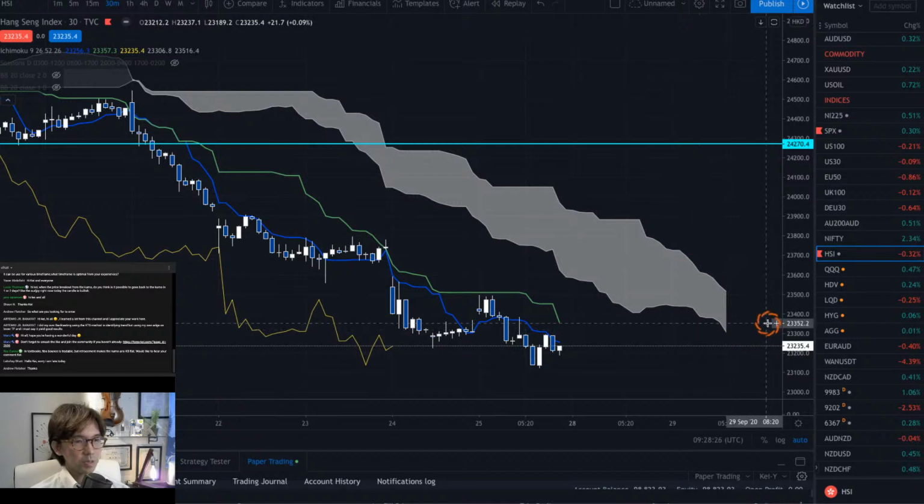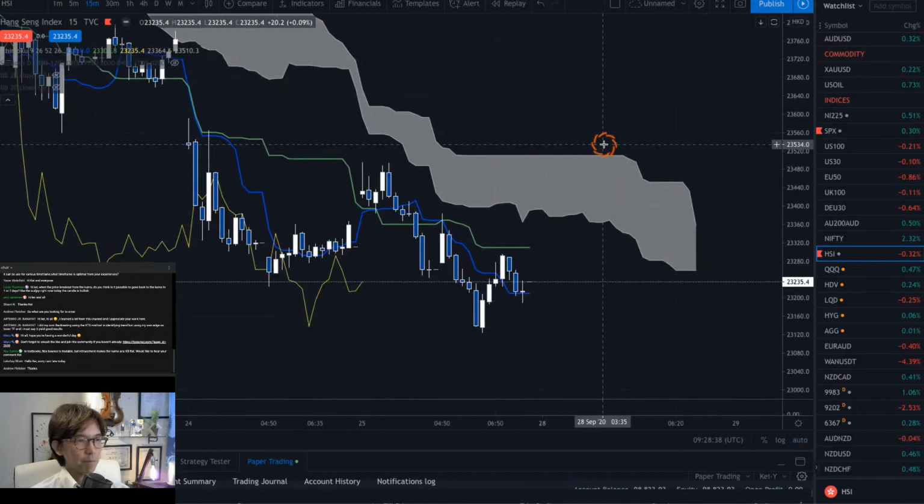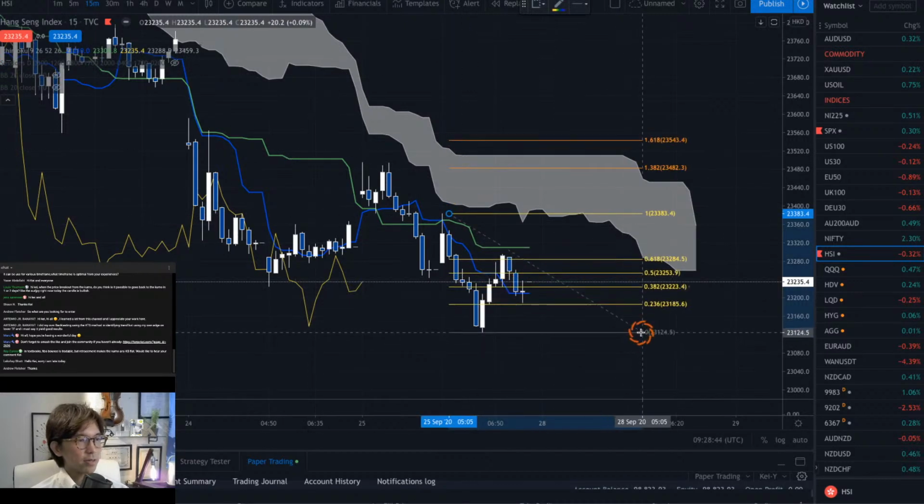In 30, the Kumo is moving down, Senkou Span A down, B down, and Kijun Sen moving down. So that's confirmed. And then I look at the 15, and I found multiple confirmations to sell here. One of them was the Fibonacci bounce. The price nicely bounced off of this 61.8% as one of the confirmations.